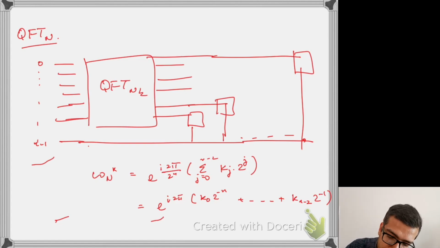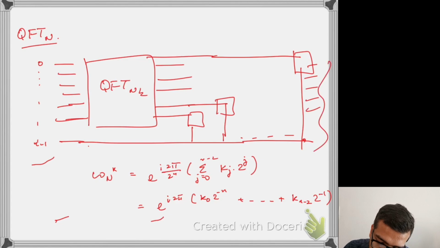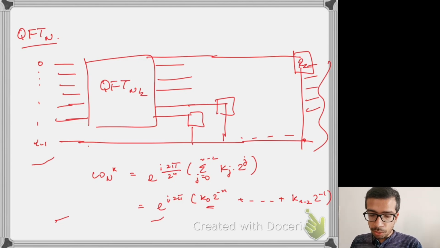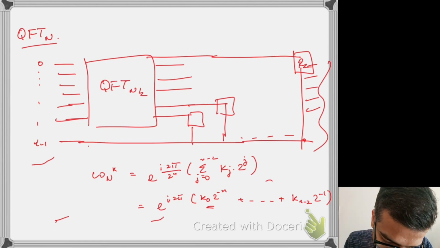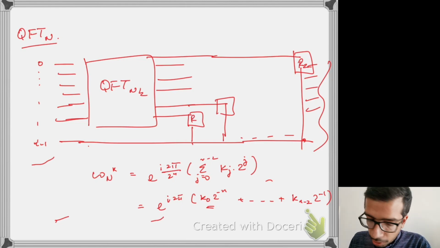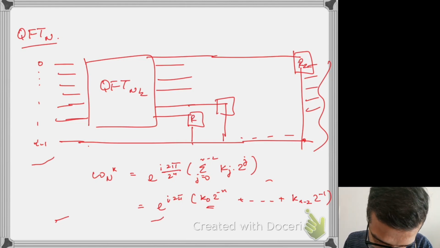a pairwise swap of qubits. Right, so conditioned on the last qubit, for the 0th qubit I apply a phase of R2 basically. So I apply a phase of e to the power 2 pi over 2 to the power 2. Here I apply a phase of e to the power 2 pi over 2 to the 3, and so on, up to here I apply a phase of 2 pi over 2 to the power of n.